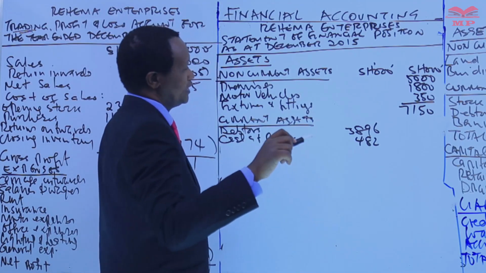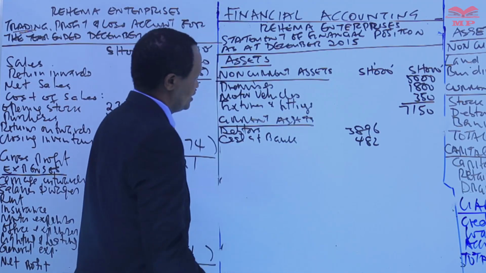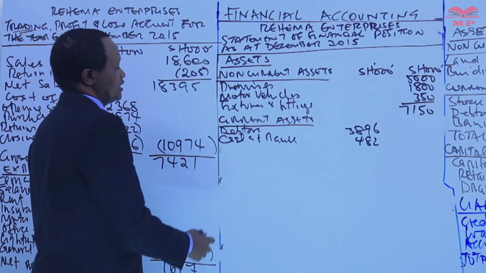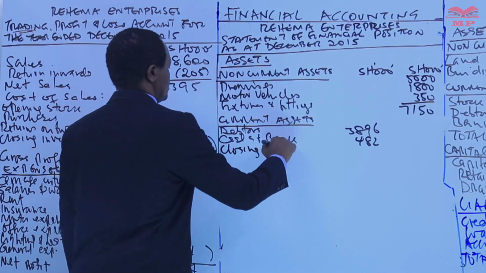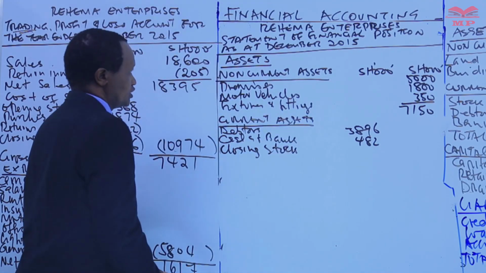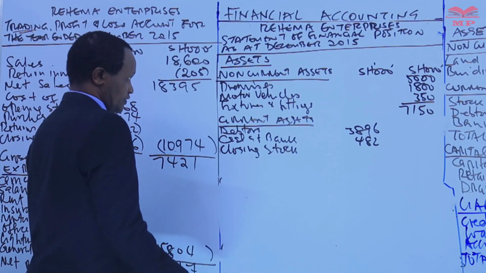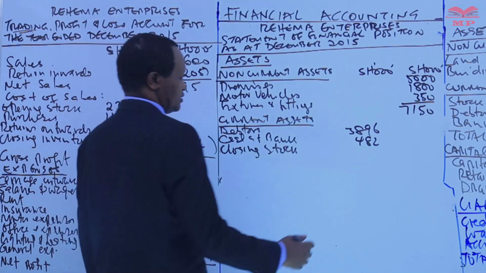That is the opening at the beginning of the accounting period. The stock that we indicate at the end of the accounting period is the closing stock. The closing stock is the stock at December 2015, 2946.